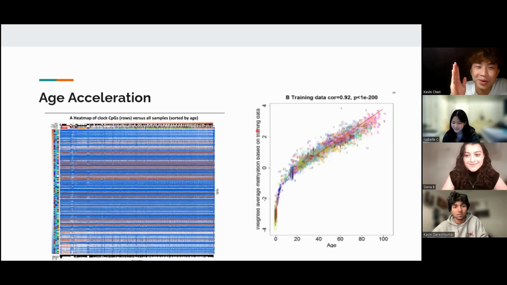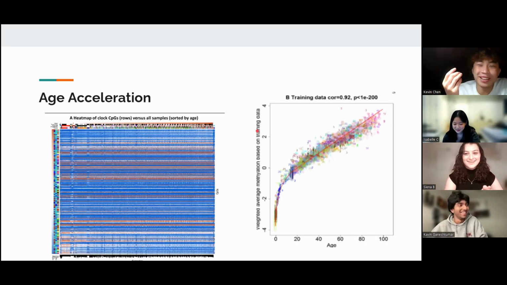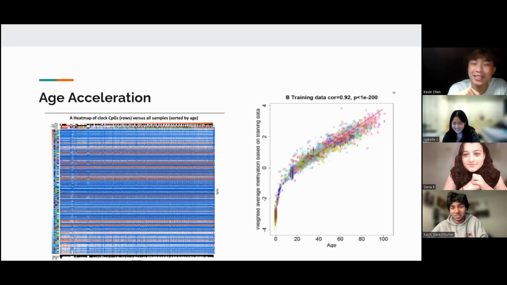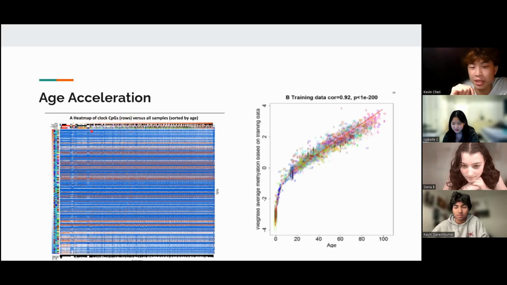Okay, this is going to go back to the concept of age acceleration that Isabel mentioned. But first, on the left, this is a heat map of the CpGs used. This is the clock CpGs, so this is actually 353 rows. Blue indicates low methylation here, and red indicates high methylation. There's not much significance in there being more blue than red.